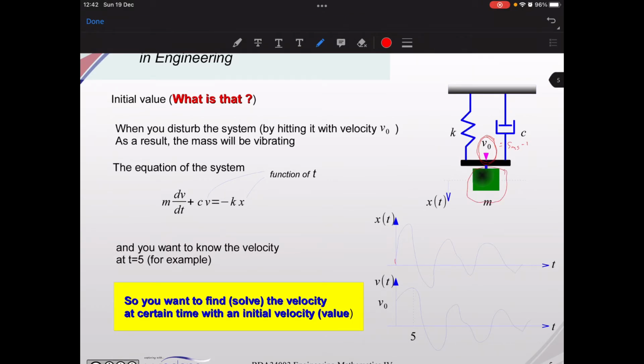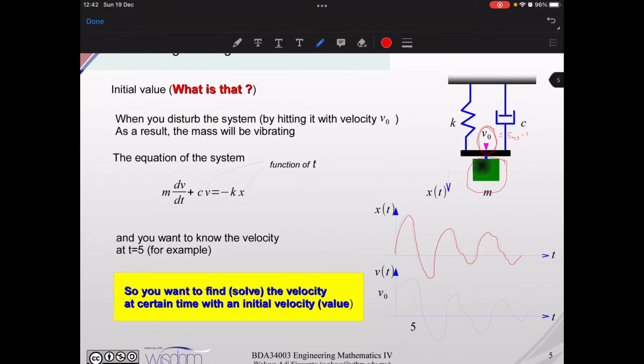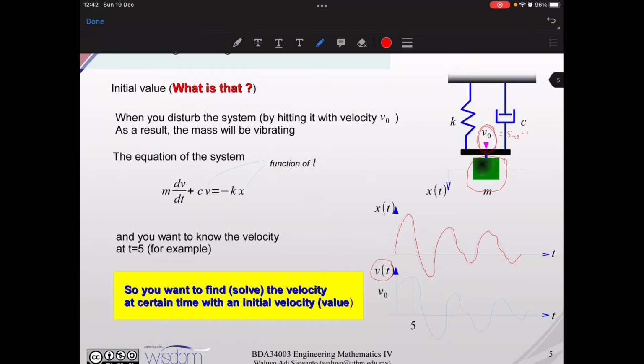The displacement of the body, for example, has this kind of response. And if I plot the velocity against time, v against time, as we applied an input or initial condition of 5 meter per second, this is the response.